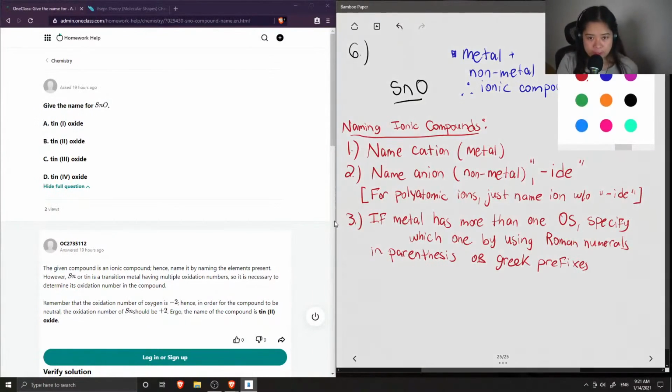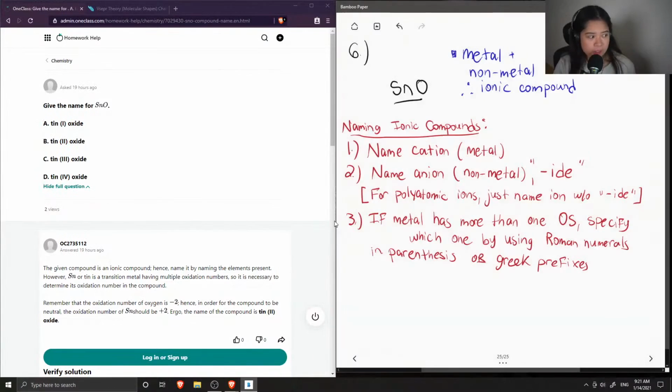Okay, so now that we know all of the rules to naming ionic compounds, we just need to figure out the name of the example that was given. Basically, for all the options that they gave us in the question, they already pretty much wrote out the cation and the anion that ends in "ide", and we just need to figure out what oxidation state tin is in.